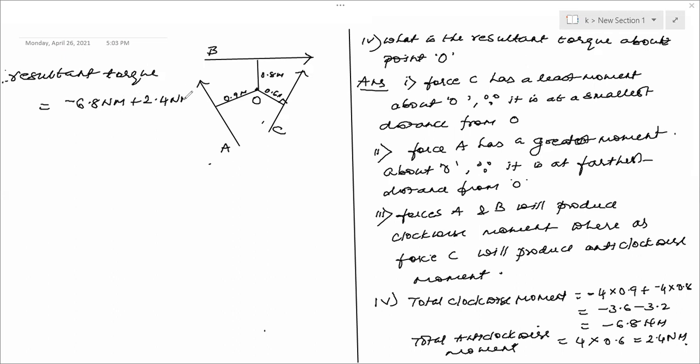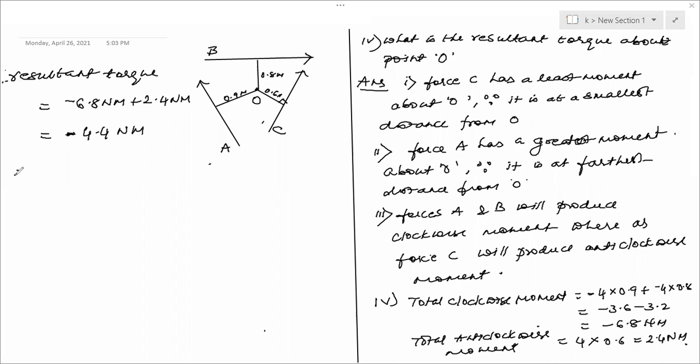So how much do you get? Minus is the bigger number, plus is the smaller number. So subtract: 6.8 minus 2.4 is 4.4, but minus 4.4 Newton meter. Got it? But minus tells us that it is a clockwise moment of force.